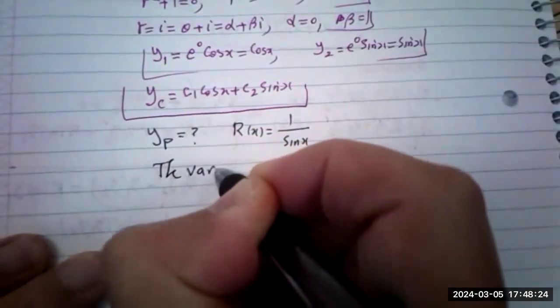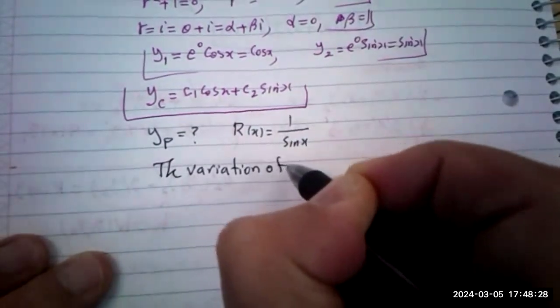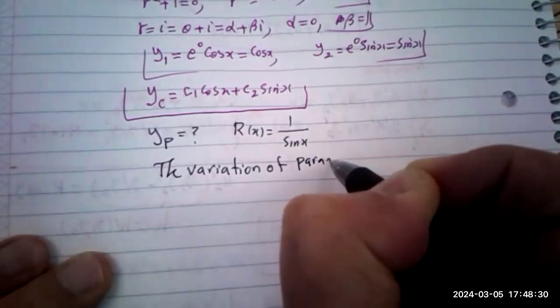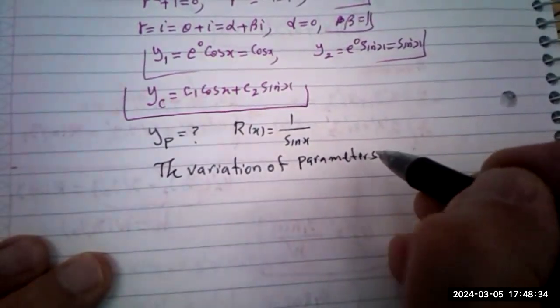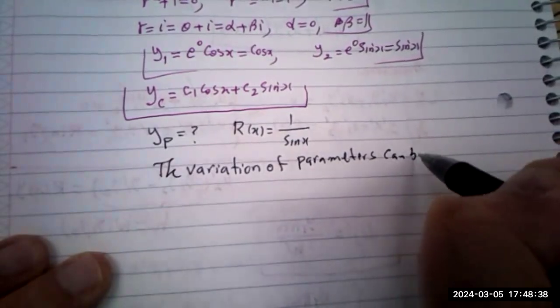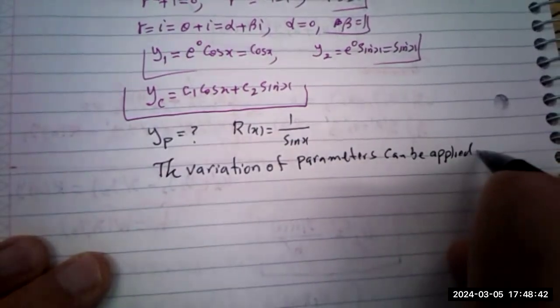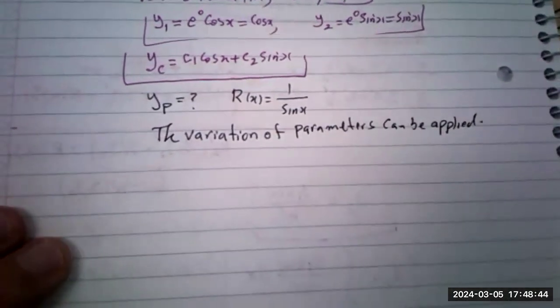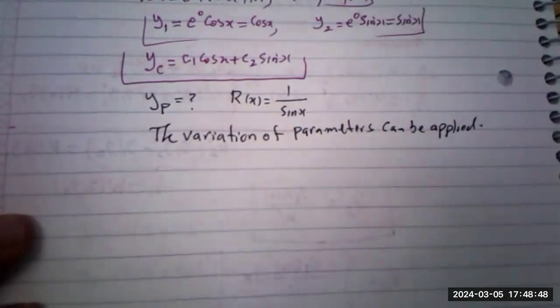That's the choice that you have, unless you've been told otherwise. You cannot use the undetermined coefficient for this one because of the R of x.